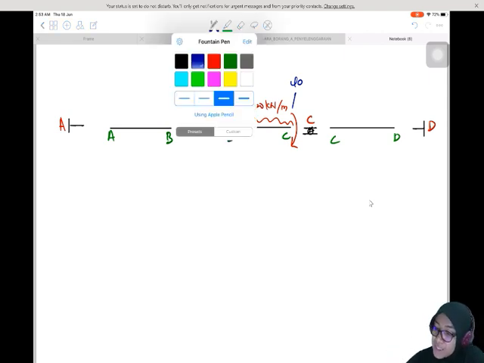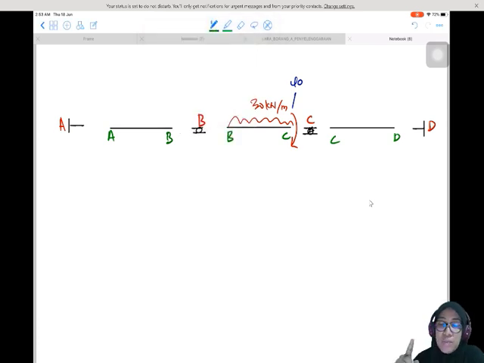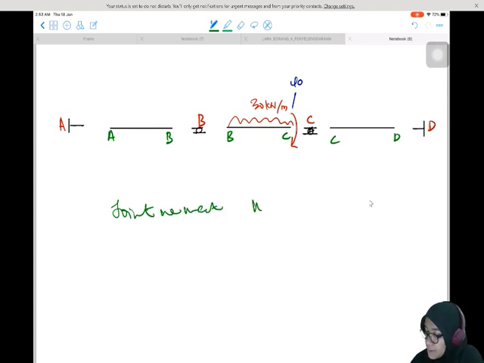However, the one that we must understand is the relationship between joint moment and member end moment.